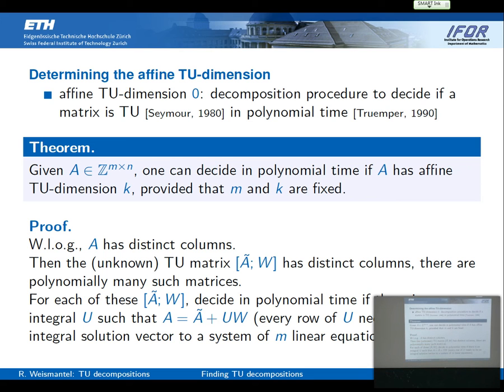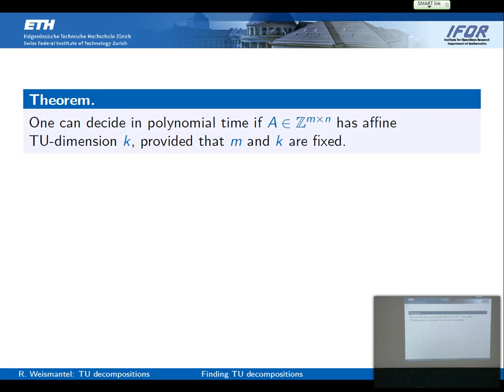And that means every row of U needs to be an integral solution vector to a system of m linear equations. But we can solve equations over integers. I'm not speaking about linear Diophantine equations, not about non-negative integers, but general integers. We don't care about the signs in this matrix. So this is the idea how you can do that.